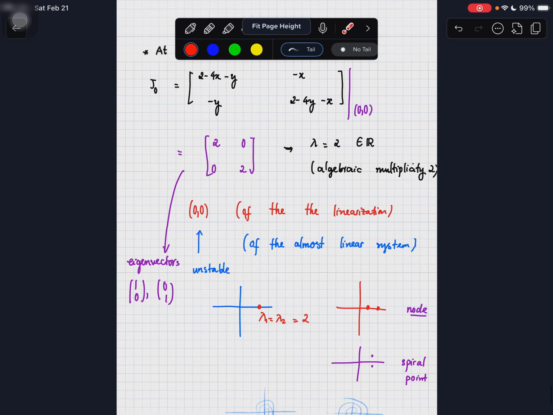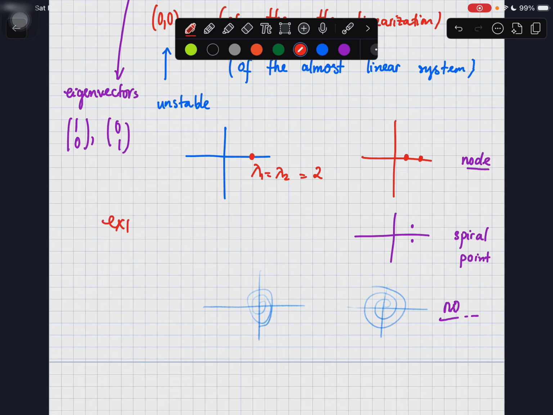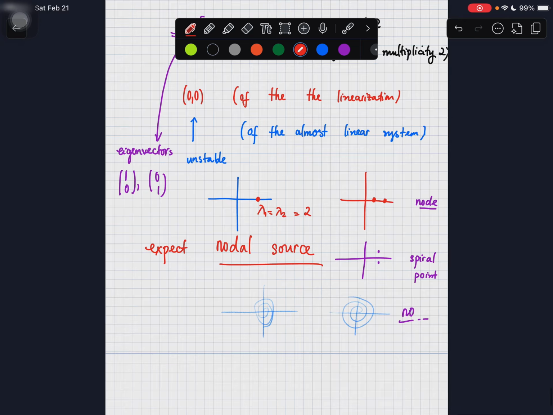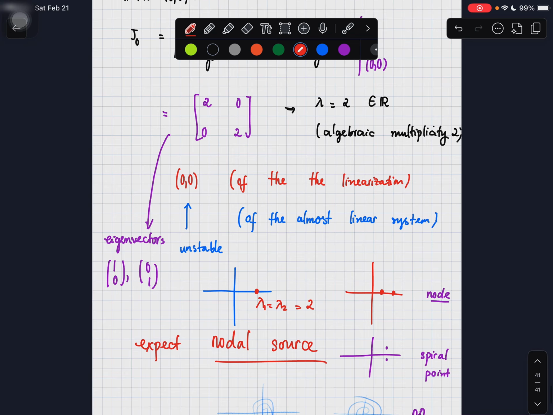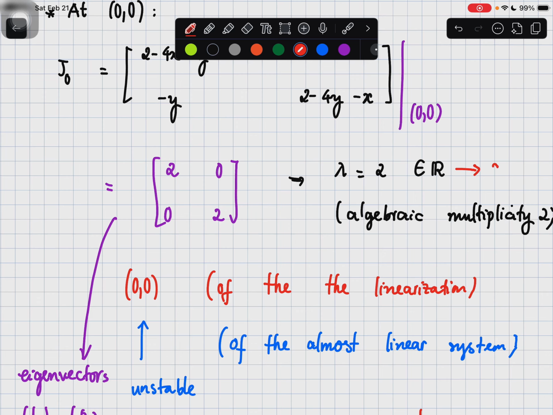Linearization theory doesn't have to draw the exact picture here, but at least we know it's unstable. It cannot stay there. It will eventually leave 0, 0 of the almost linear system. In this case, we expect a nodal source. Populations are non-negative. Special case here.